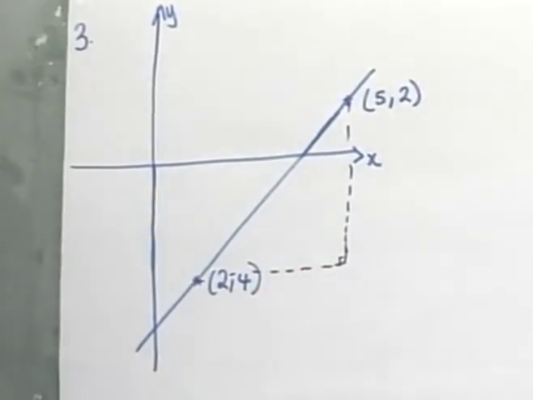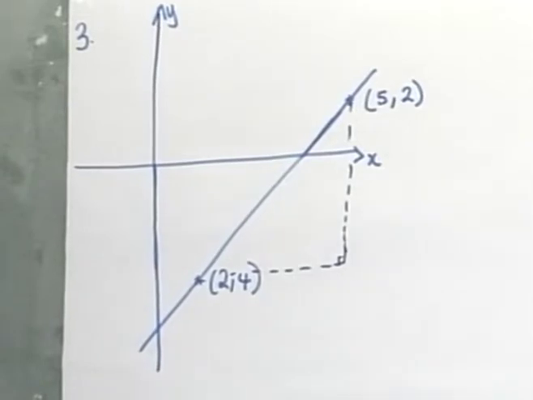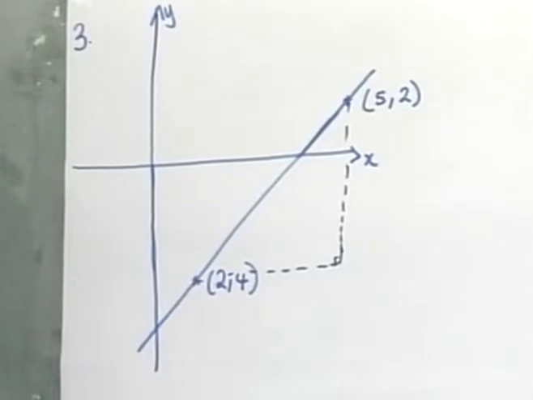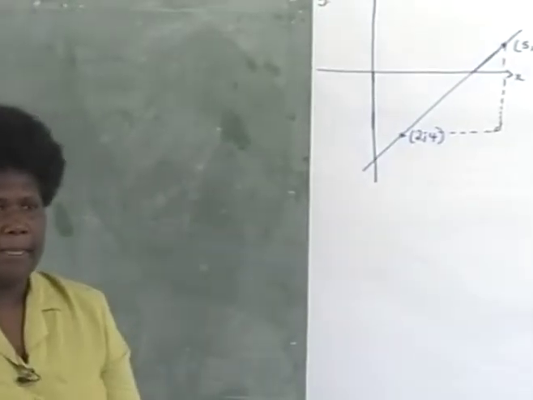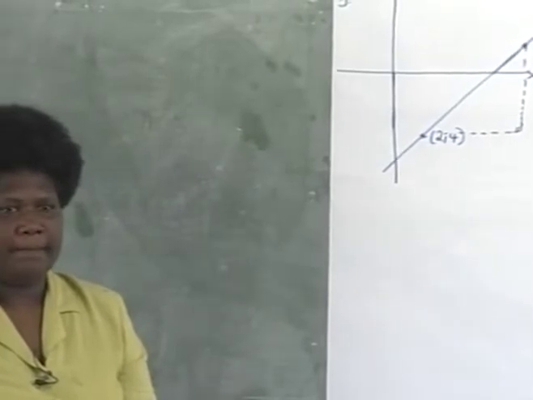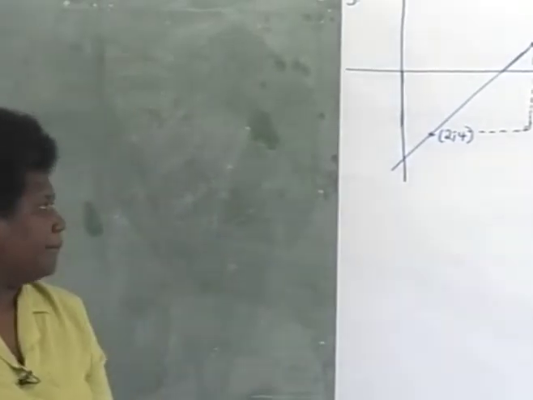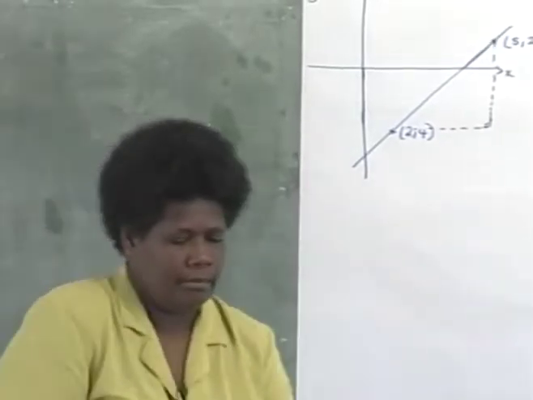Now, Raylene, does the line have a positive or a negative gradient? Positive. Okay, the gradient is positive.